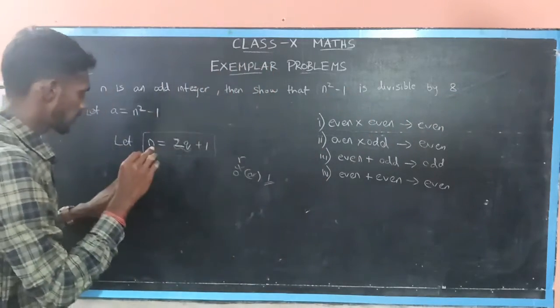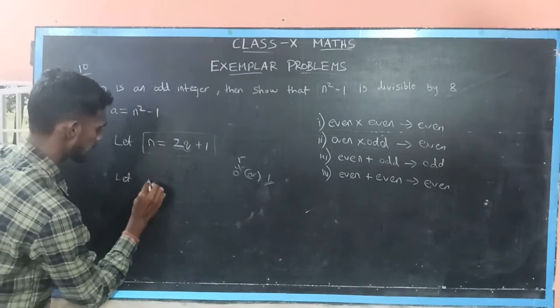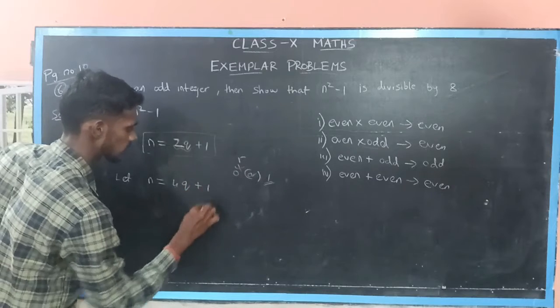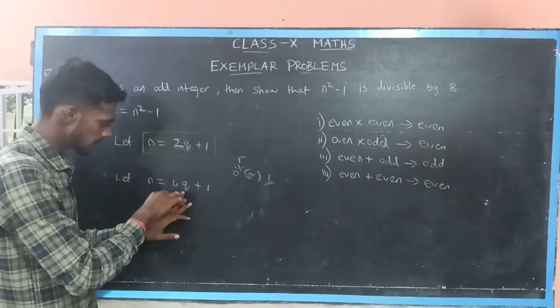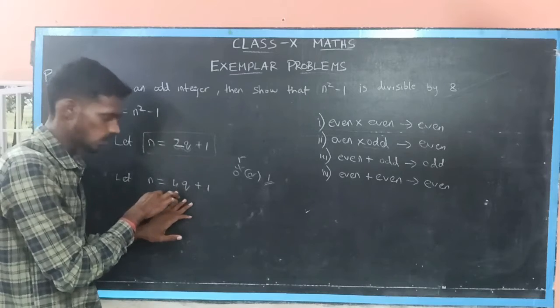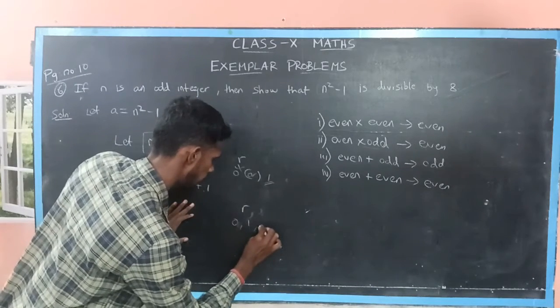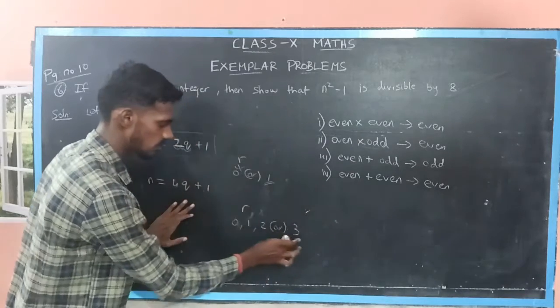Okay. So, now I am moving to the second order, that is let n is equal to 4 into q plus r. Okay. So, according to Euclid's division lemma, the divisor value here is 4. So, r can take the values 0, 1, 2 or 3. So, these are the possible values of r.